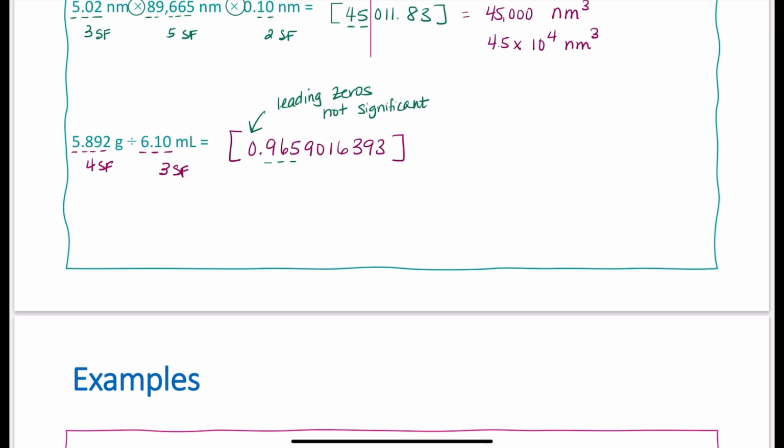But that means I need to cut my number here. The first number removed is a 9, so I have to round this up. I'm going to round this up to 0.966, but don't forget we had units in this one. So I have grams divided by mils. Gram divided by mil for my units.